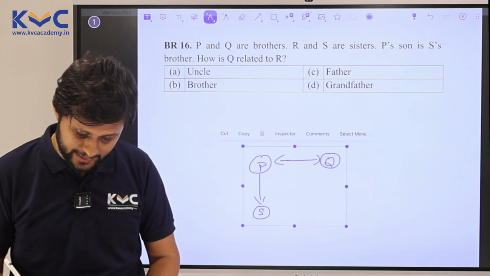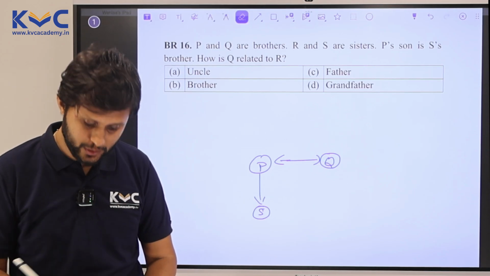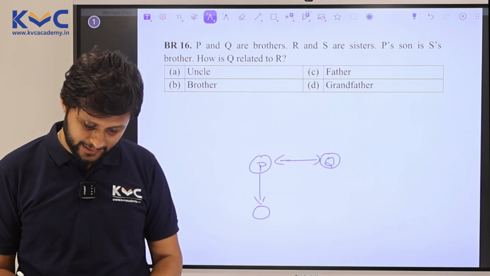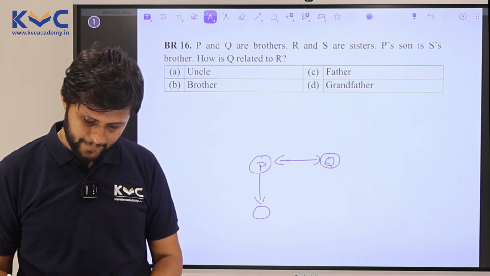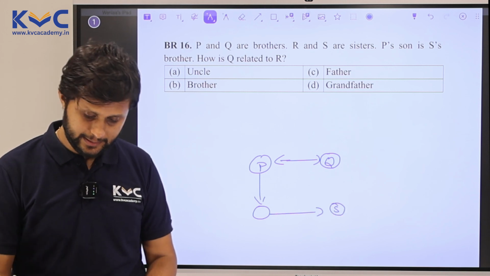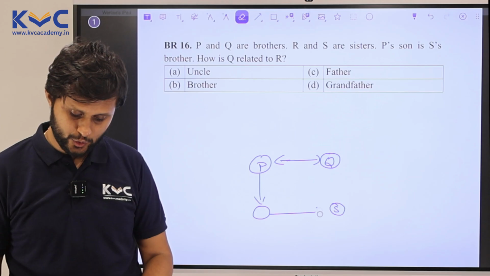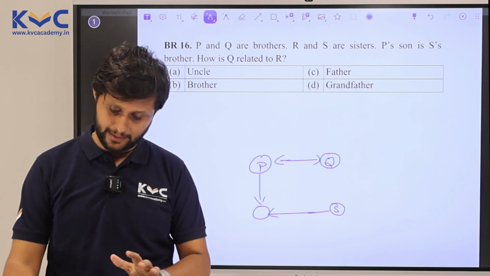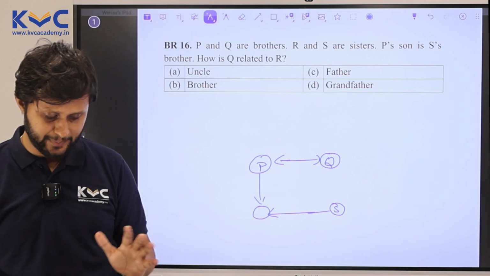Sorry, I'll just make that change. So S is somewhere over here. S's brother, this side. So the arrow should be this side. P's son is S's brother.